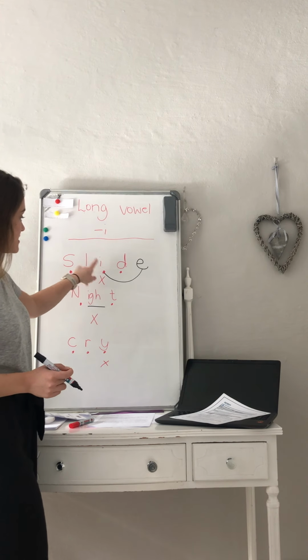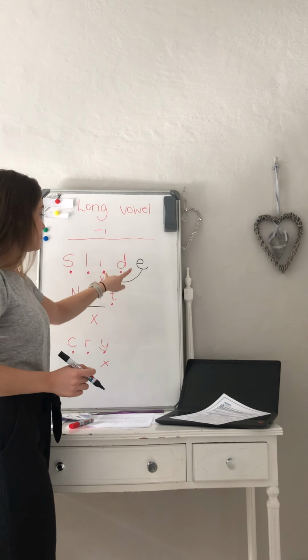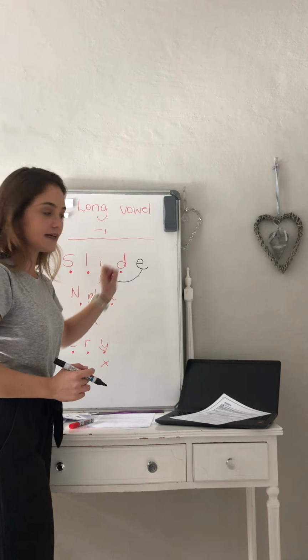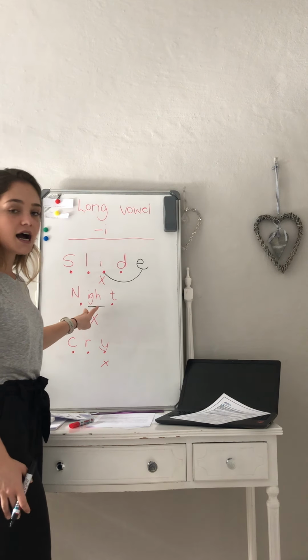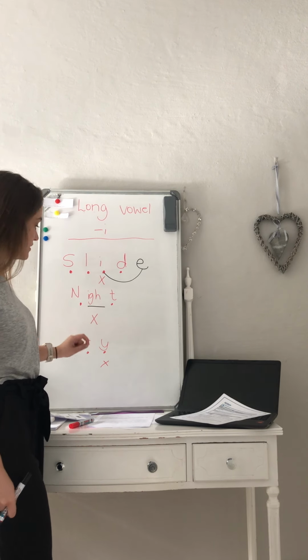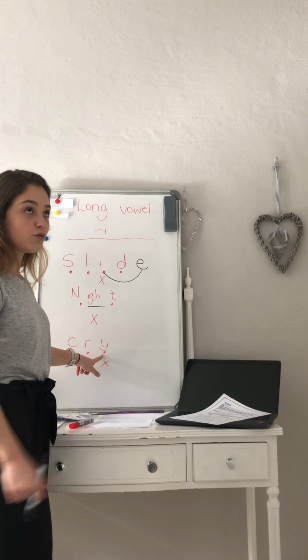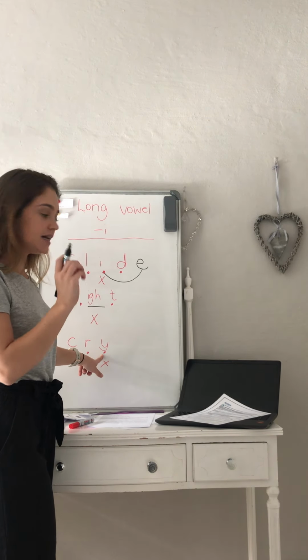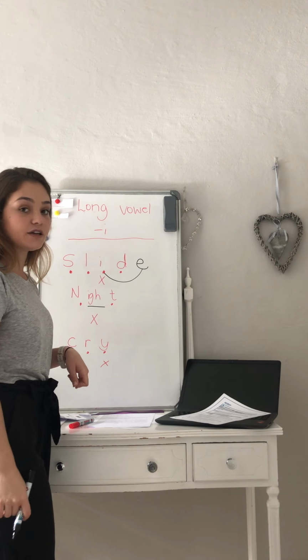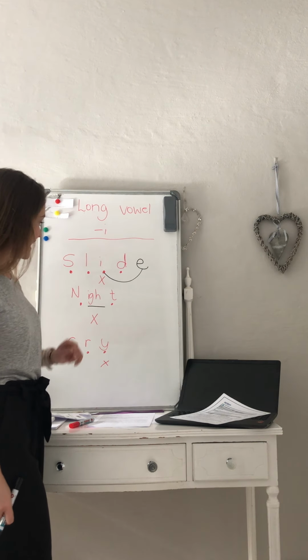But we now notice that the I sound can be made up of the smiley I sound, the I line sound, or the Y in the letter Y making the I sound in cry at the end.